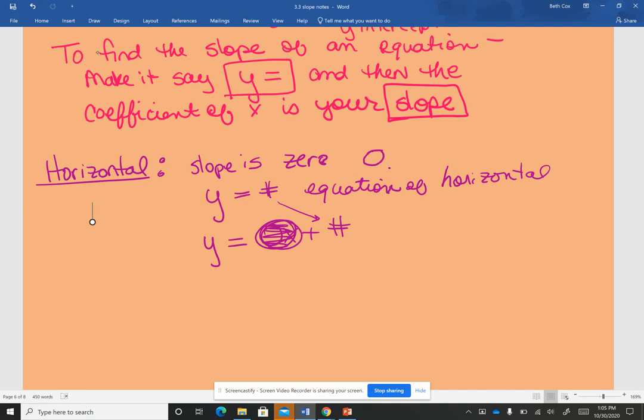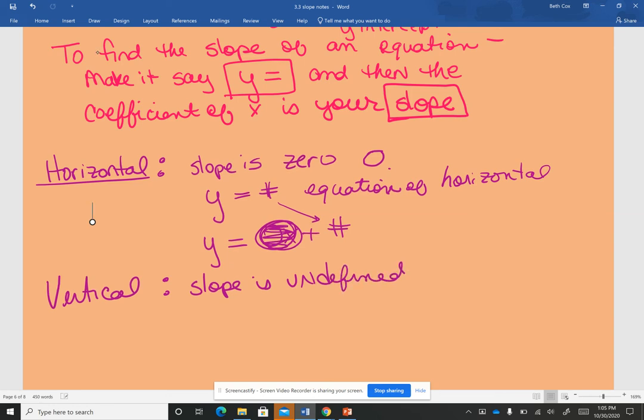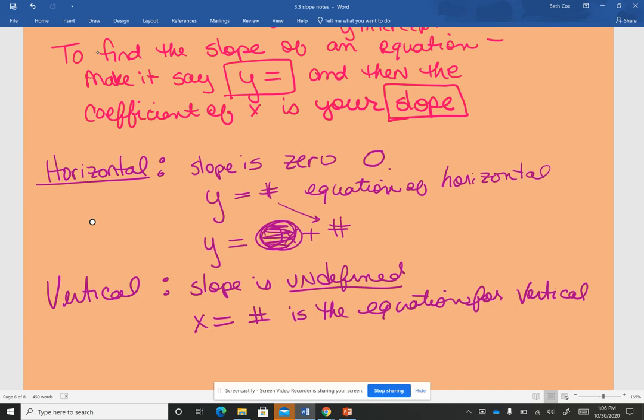Okay, now the undefined one is the weird one. But the vertical, remember your slope is undefined. Okay, and we said the equation x equals a number is the equation for it. And we can't make it y equals.